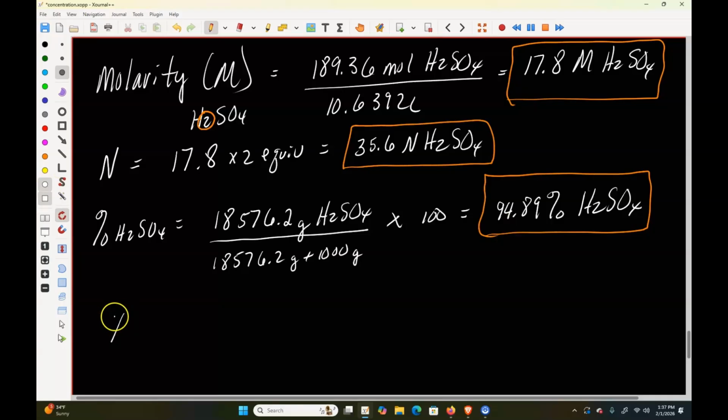For mole fraction of H2SO4, I take my moles of H2SO4, 1857. No, that's wrong. What am I doing?